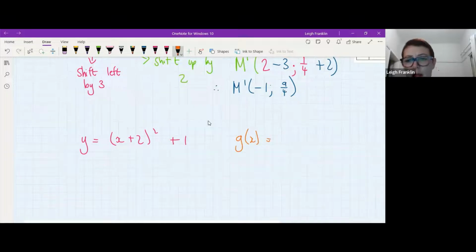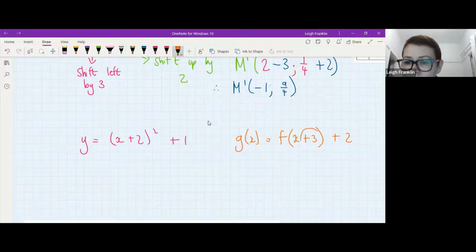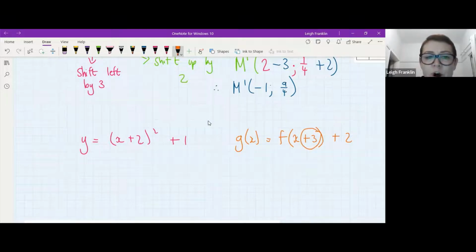And they tell us to transform this. Now it would be f, and then here they say to us x plus 3 plus 2. They are telling us to add 3 to this 2. Remember, this graph has already been shifted 2 units to the left. Its axis of symmetry is the line x equals -2.